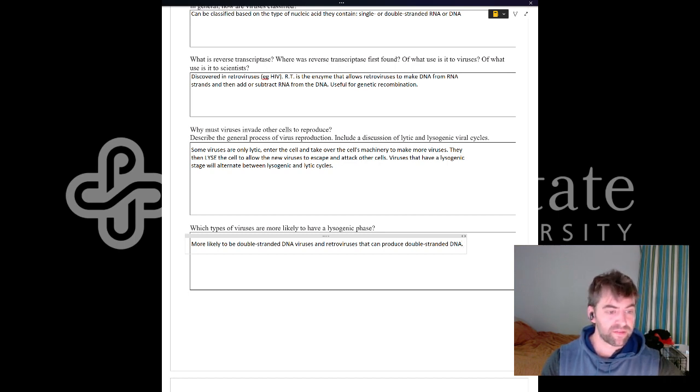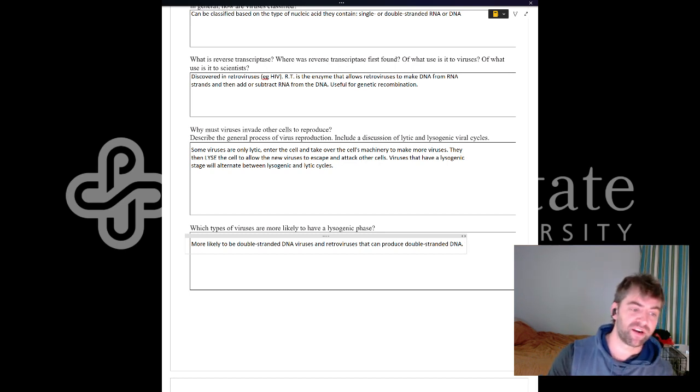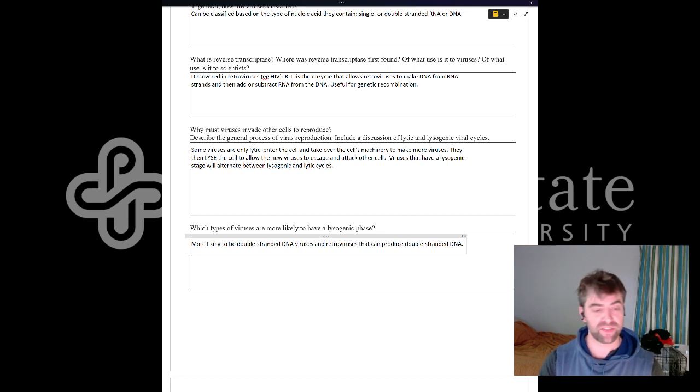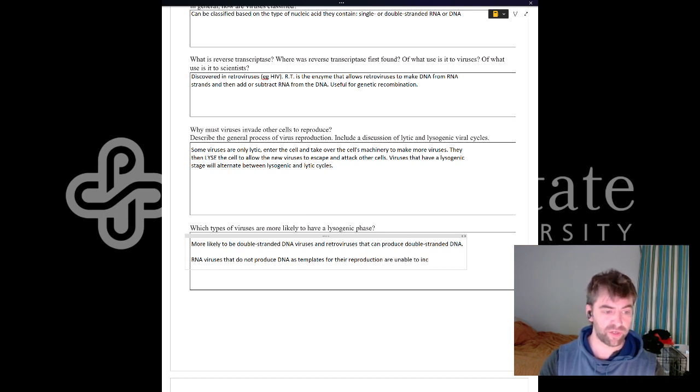RNA viruses that do not produce DNA as templates for their reproduction are unable to incorporate into their host DNA. So this is what differentiates them.